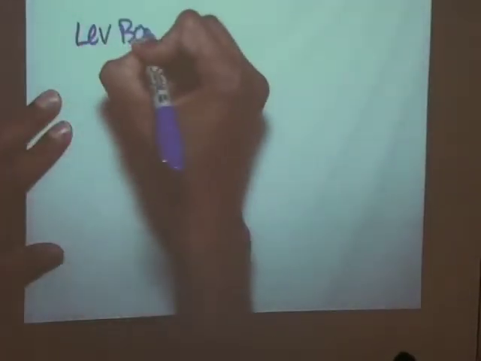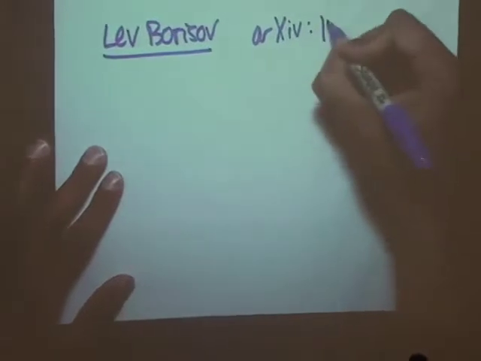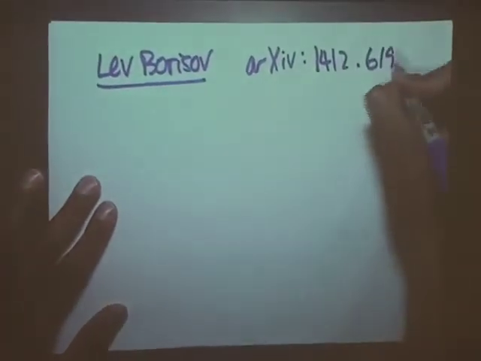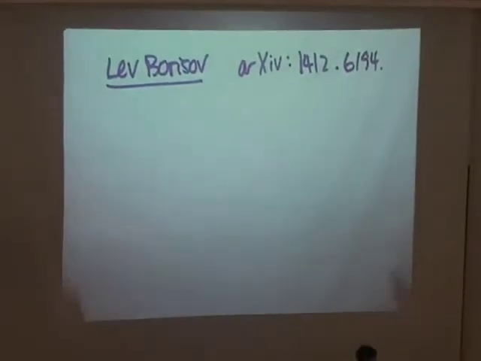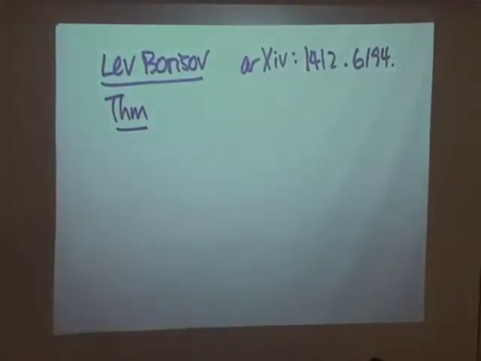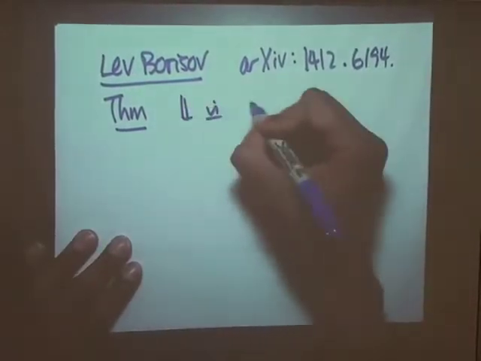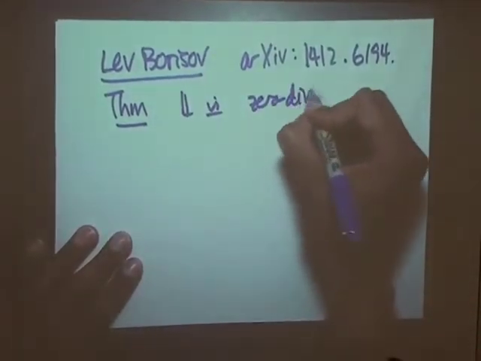And now a recent preprint, which is the last on this topic that I want to mention, by Borisov. There are two Borisov twin brothers, so I think it's important to distinguish them. It's in the notes, 1412.6194. The preprint is really stunning and really beautiful, I think. So the theorem is that L is a zero divisor, so that one's wrong.